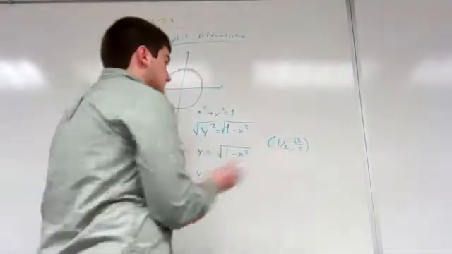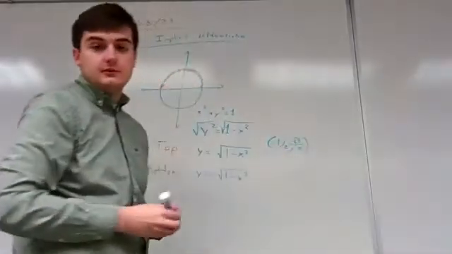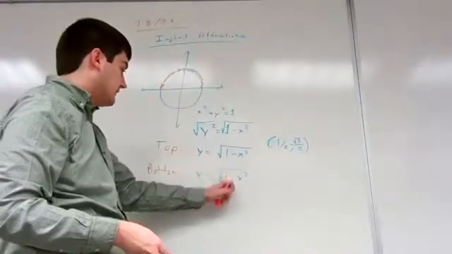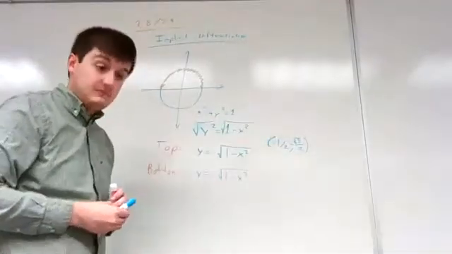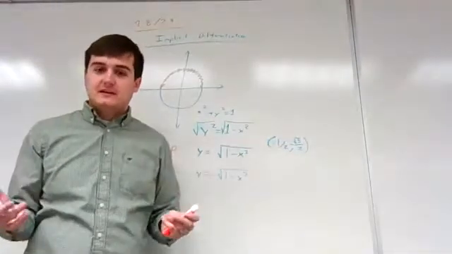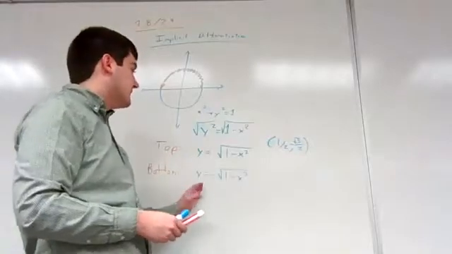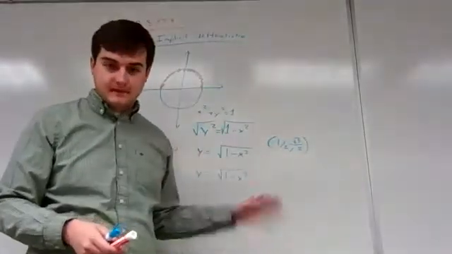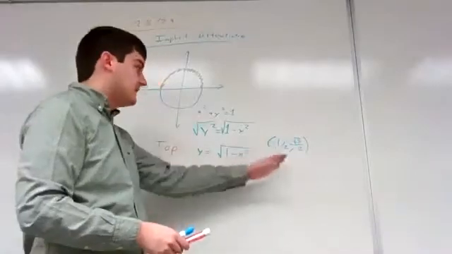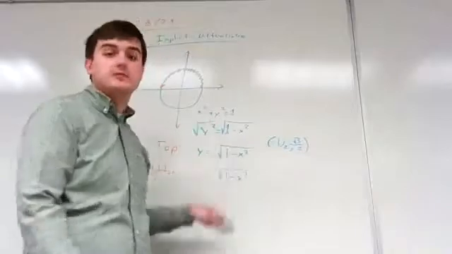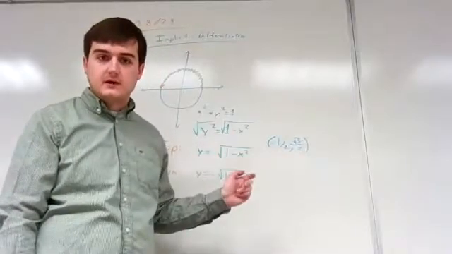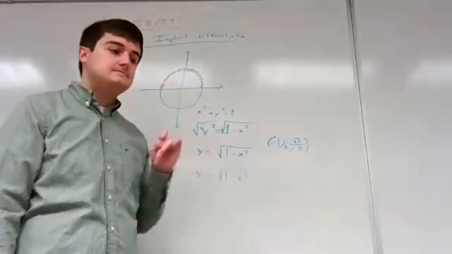But if this was minus root 3/2, then I would have to go to this one. So what's happening? No longer can I just use one equation, in this case at least, to get the slope at each point on that curve. I have to use two different ones and go between the two of them.